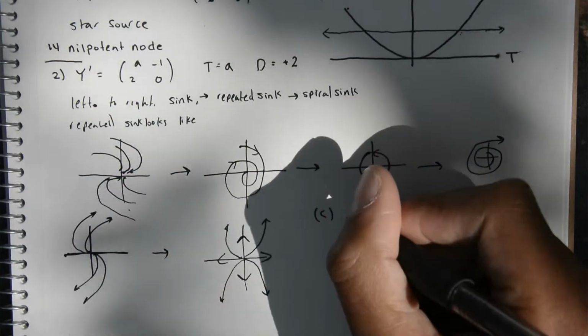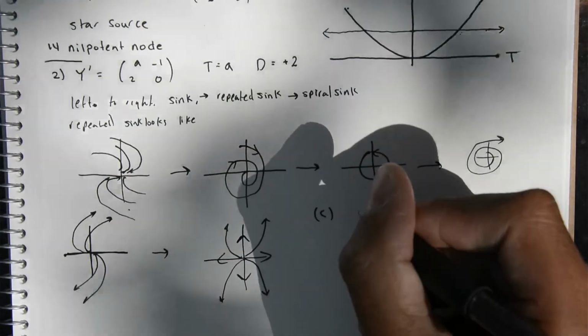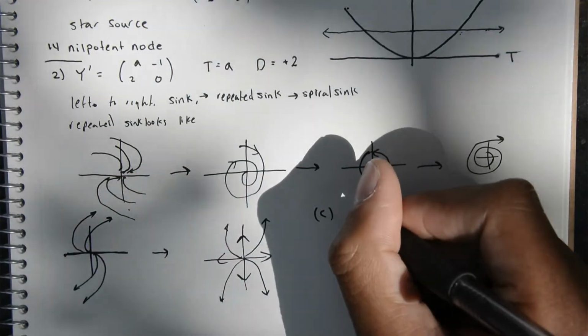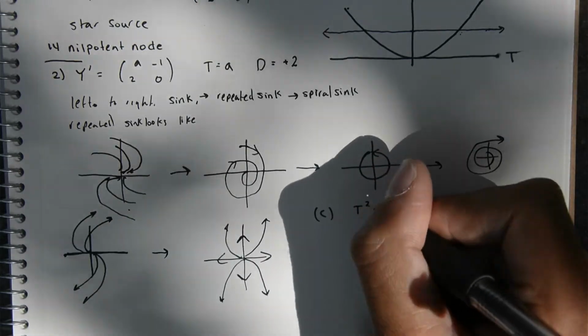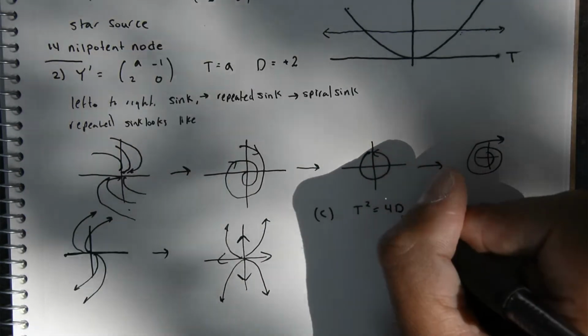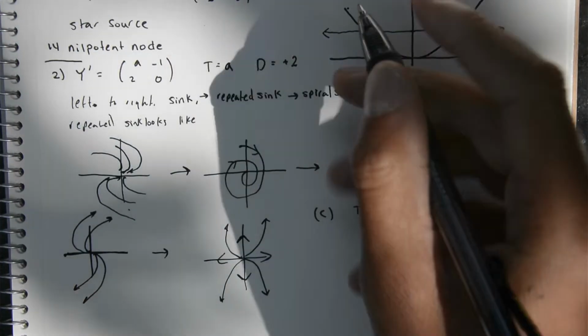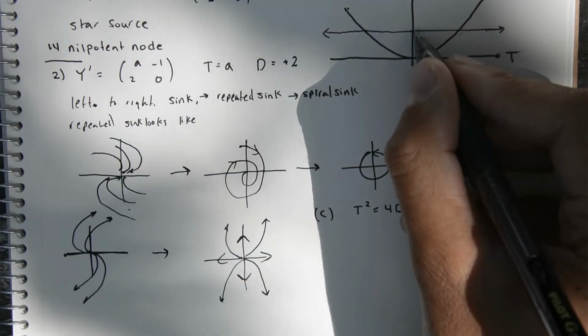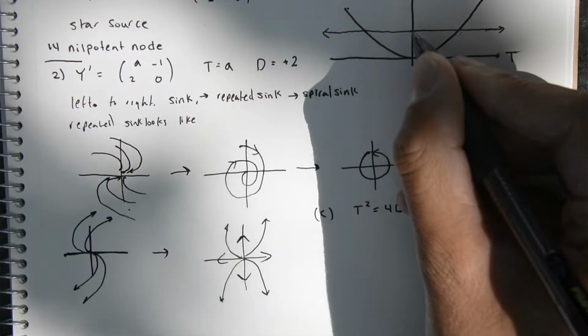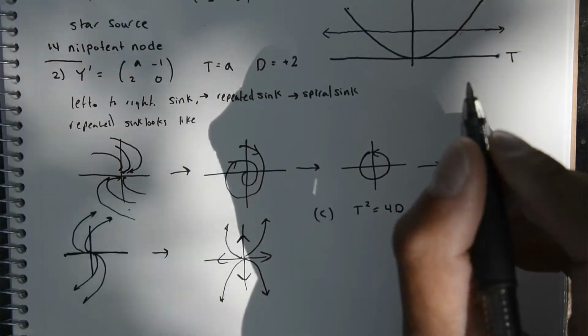All right, so when t squared is equal to 4d, we're going to get some changes. We're also going to get a change here, so we're going to get 1, 2, 3 bifurcations.